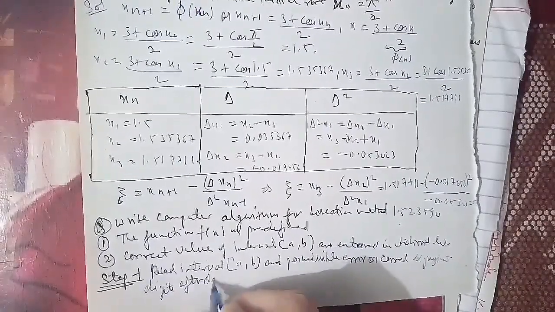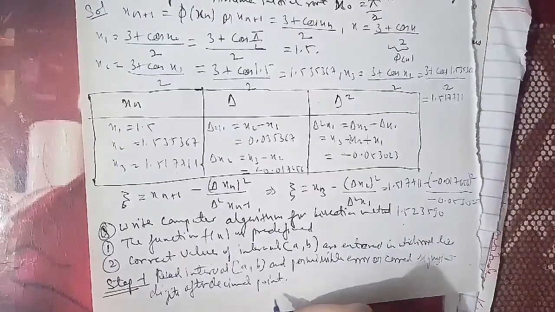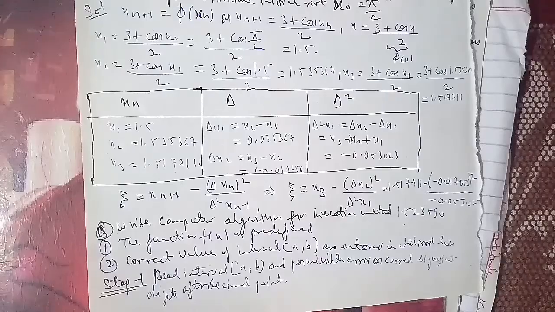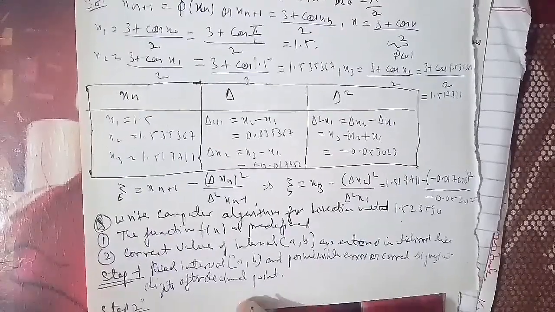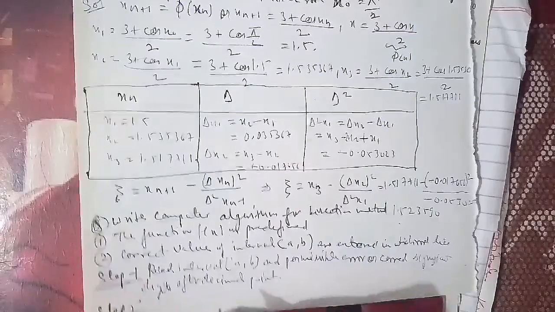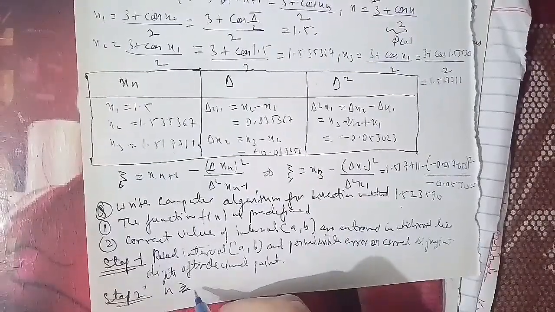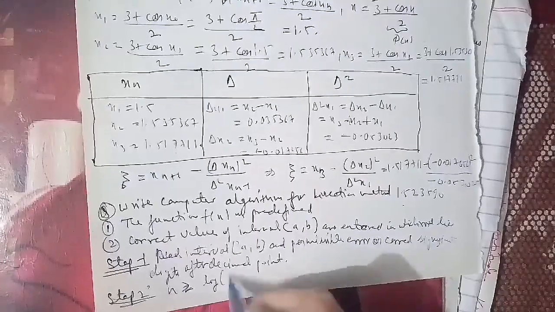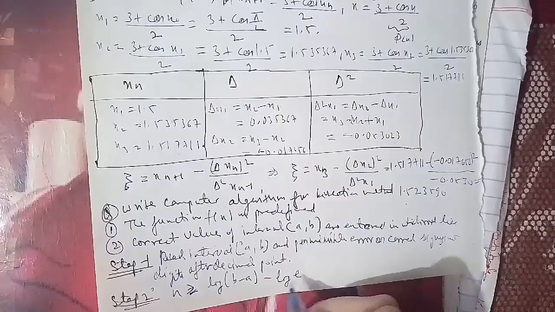Now we go ahead for step 2. Step 2 is you have to calculate the number of iterations n using n is greater or equals to log b minus a minus log e upon log 2. Now in this step 3 we have to go ahead.